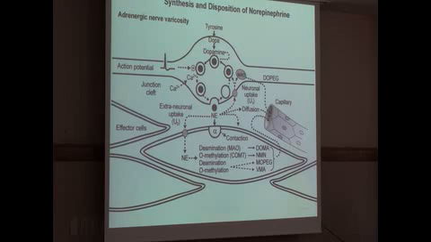Okay? This is a very powerful mechanism, but interestingly, it only functions, and this is something that we discovered a long time ago before you were born, it only functions in between action potentials. So, when this action potential comes in here, this pump is switched off, as long as the membrane is depolarized.